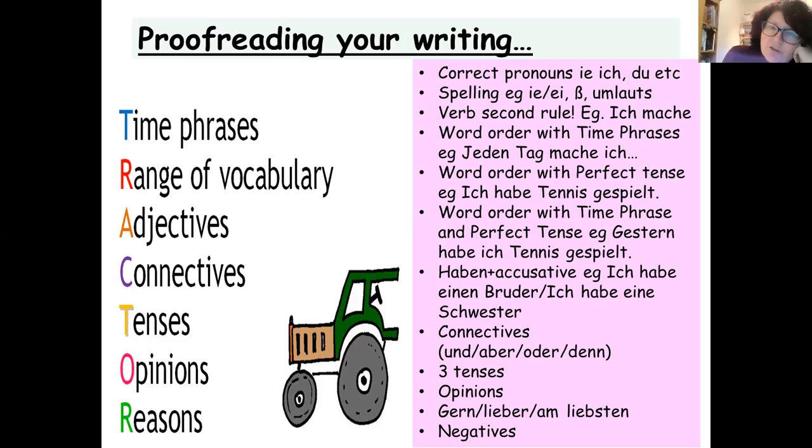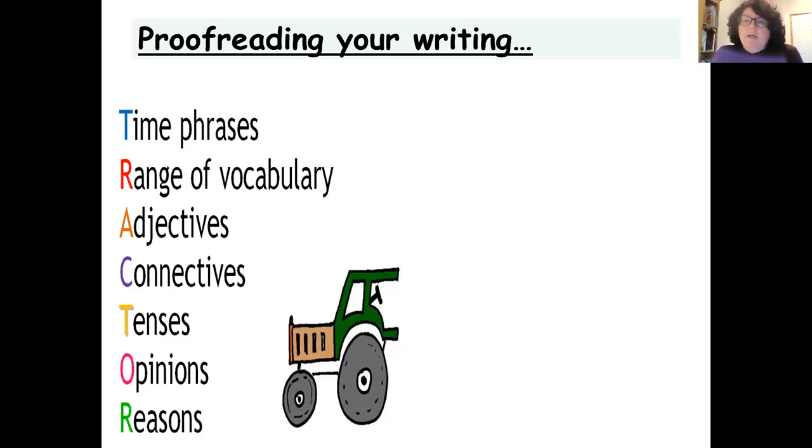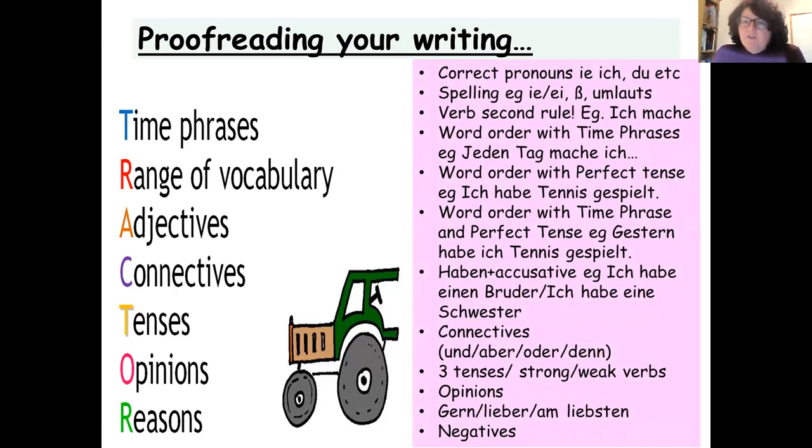So please make sure that you've got your tenses correct. Make sure you've got your, in fact, here, I'm going to say your 3 tenses and also your strong and weak verbs. Okay, so make sure that you've got any of the irregular verbs that we've done, spielen, fahren, that you've got those correct and that you also have your 3 tenses.